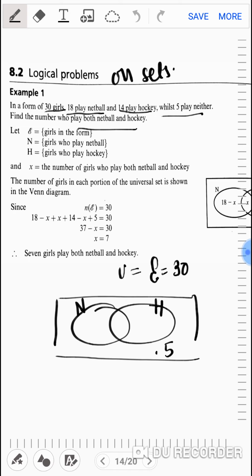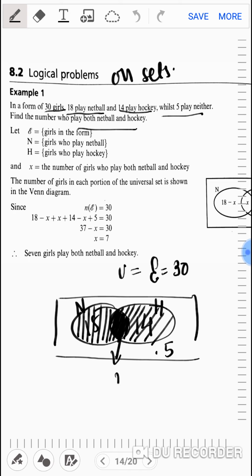They have said 18 play netball, so this total is 18, and 14 play hockey, so this total is 14. There is something common: those who play both hockey as well as netball.